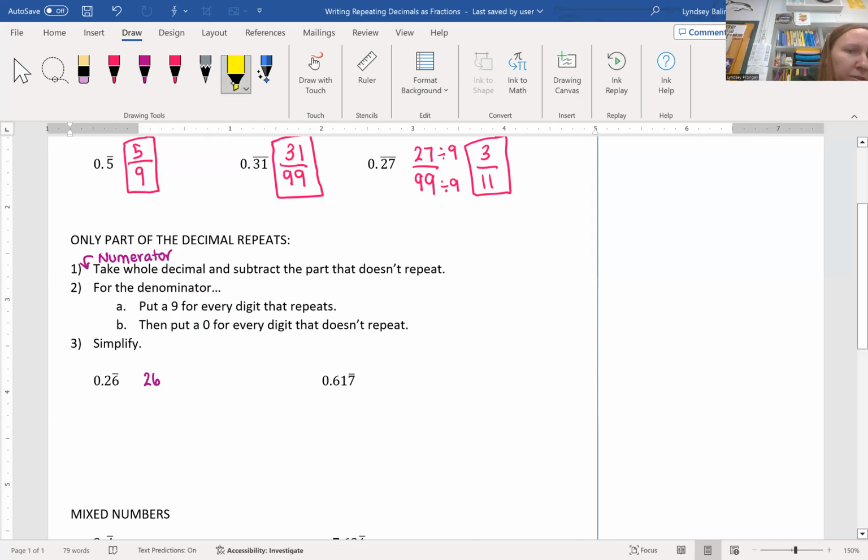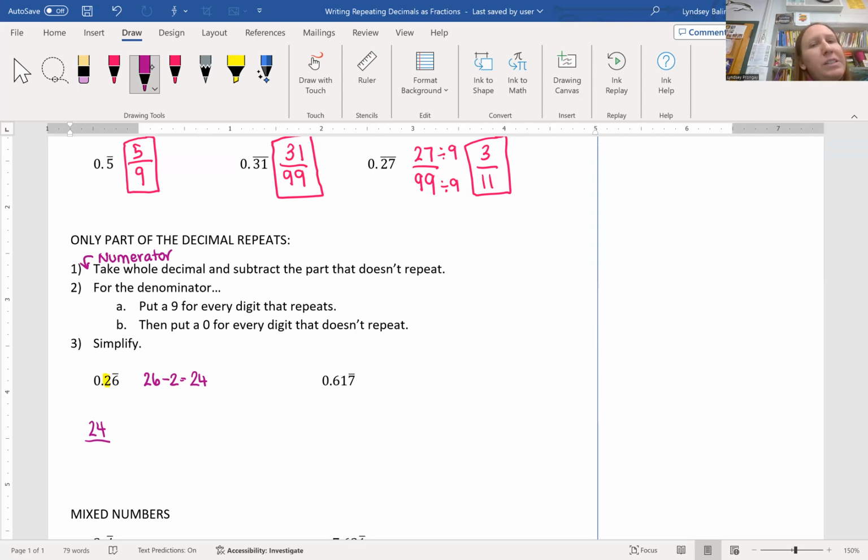That part right there does not repeat. So we're going to say 26, and then minus 2 is 24. That's the numerator of our fraction. So I'm going to write that down here to give myself more space. So 24.